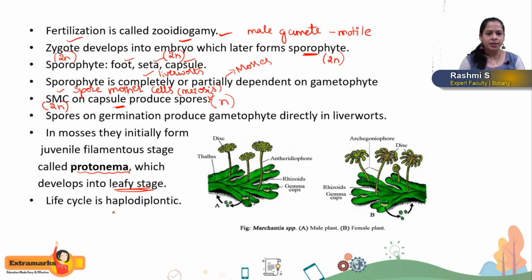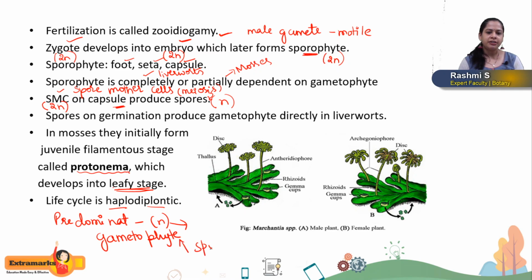The life cycle in bryophytes is haplodiplontic. Which is the predominant phase in bryophytes? The predominant phase is the haplontic gametophytic phase, and upon the gametophyte there is a sporophyte which is dependent.